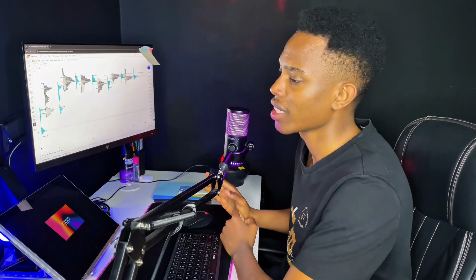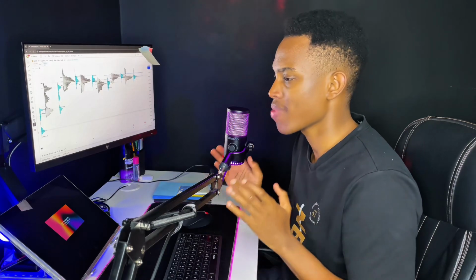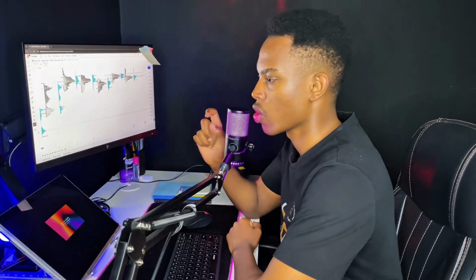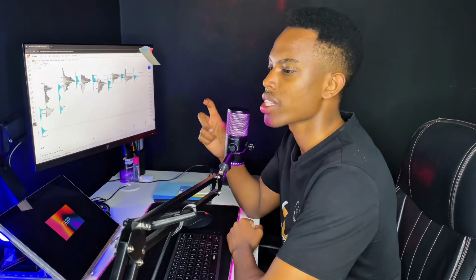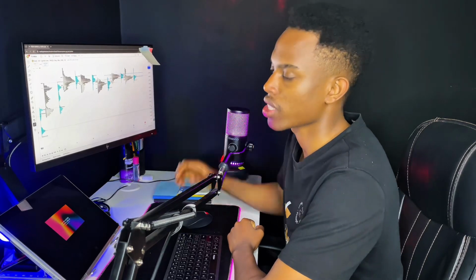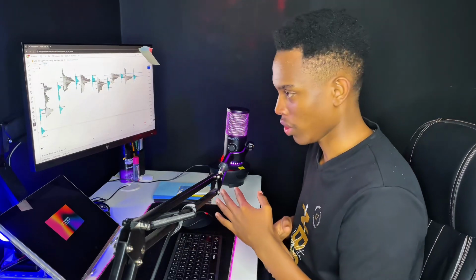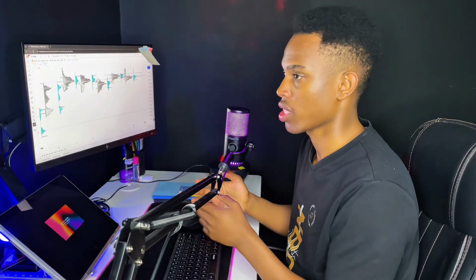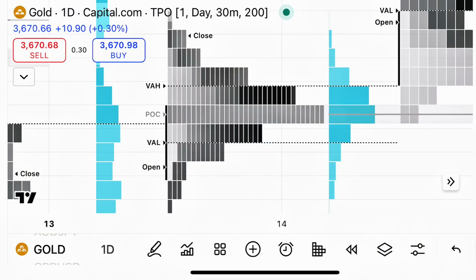Value area is the range where 70% of the day's volume was traded. It's the consensus of fair value for the session. On the market profile, we have the value area high and value area low. You're going to see this using the graphic I've displayed on the screen for you.